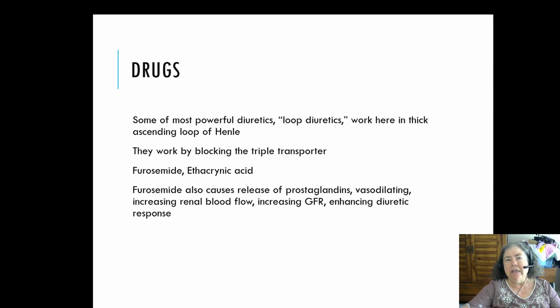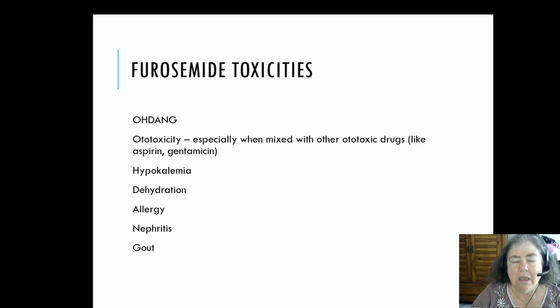So in addition to being a diuretic by blocking the triple transporter, keeping sodium from leaving the lumen, and water is going to travel with the sodium, it enhances its own action by releasing prostaglandins, which cause vasodilation and increase glomerular filtration rate and renal blood flow.